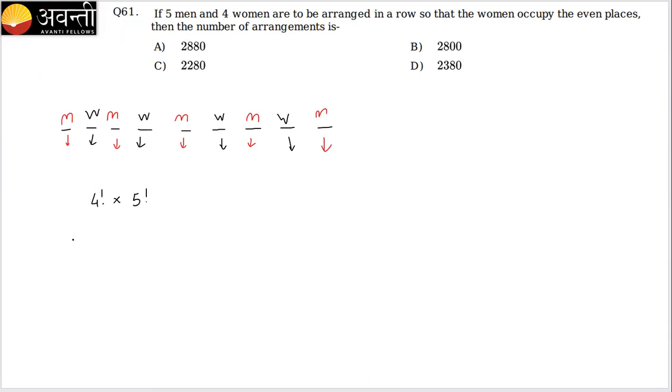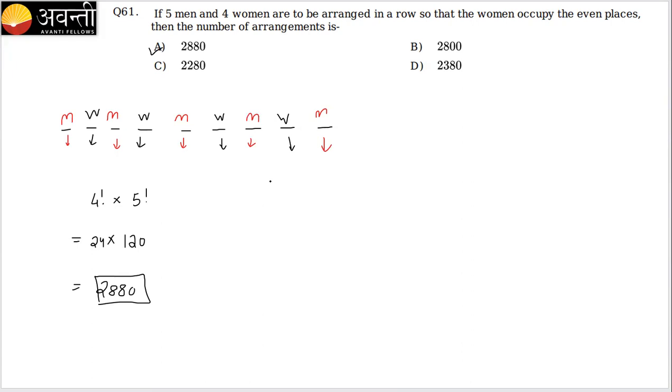So what will be my answer? 4 factorial is 24 and 5 factorial is 120. So as you can see, 24 into 120 will be 2880. Correct, right? So that means my option is option A.